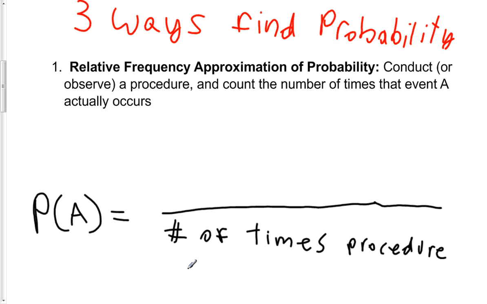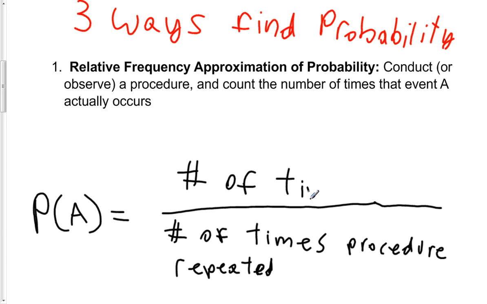So in the denominator of a fraction, we're going to put the number of times the procedure is repeated. And in the numerator of the fraction, we're going to put the number of times A occurs.